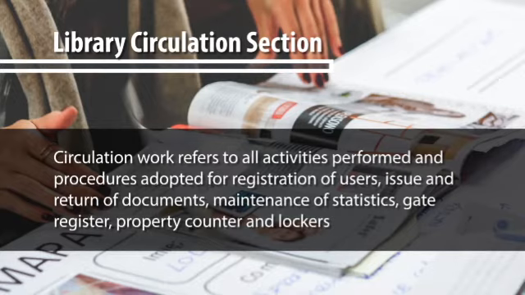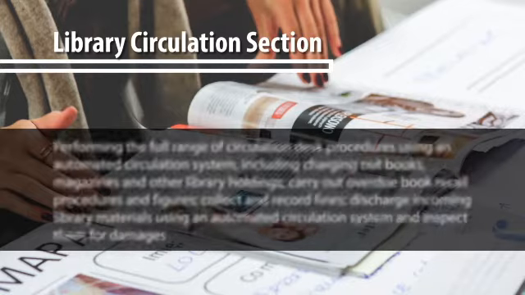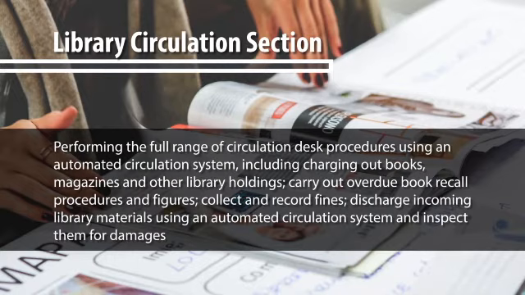A circulation or lending department is one of the key departments of the library, which does the major functions of the library, because a library is nothing without the circulation of books and other materials. They perform a full range of circulation desk procedures using the automated system, that is the LMS, library management system, which is implemented by the library.